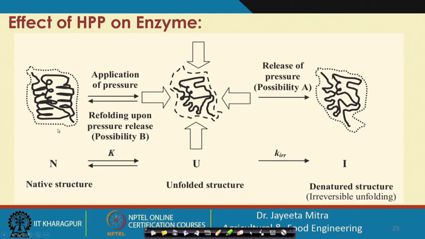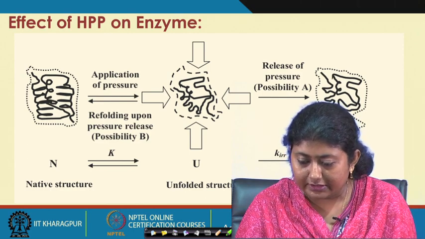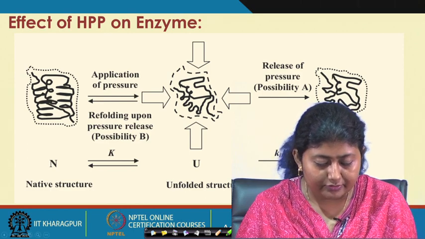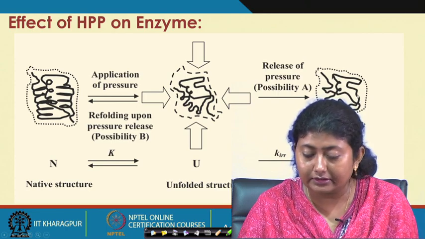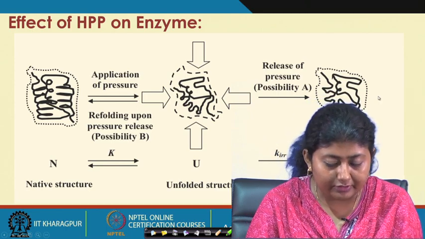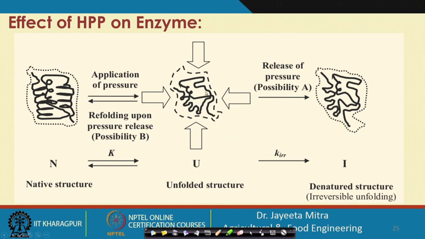So, native to unfolded can happen because of the application of pressure, and again unfolded to native may also happen because of the release of the pressure. But in some cases when denaturation happens, it is not a reversible process. So, native to unfolding is reversible; however, from the unfolded to the denatured part is not reversible.